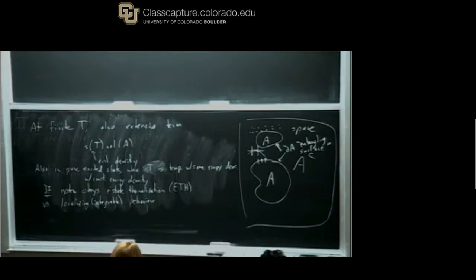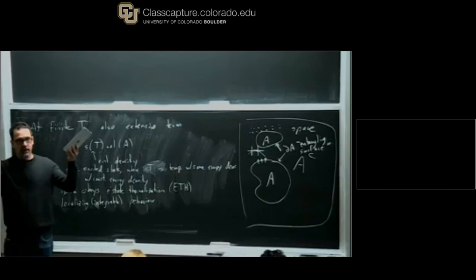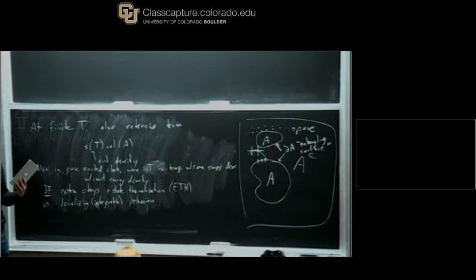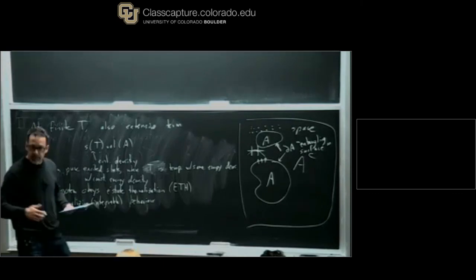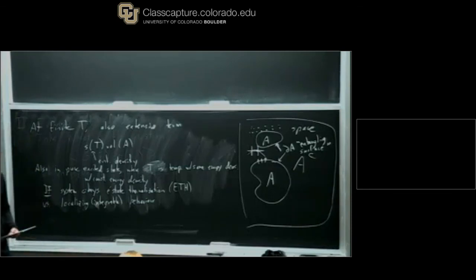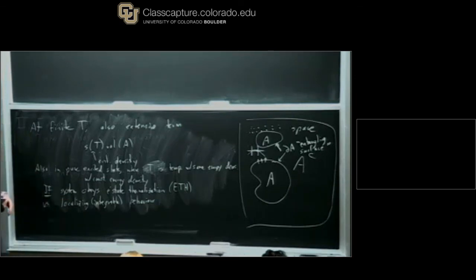I inject some energy, I'm in a pure state, and I wait a while, and does it look like a thermal state after a while? That's a question about time dependence, and it depends very much on the dynamics, on how many conserved quantities I have, and so on. And there are roughly, very crudely, two categories, thermalizing and localizing systems. And I'm being very, very crude here.